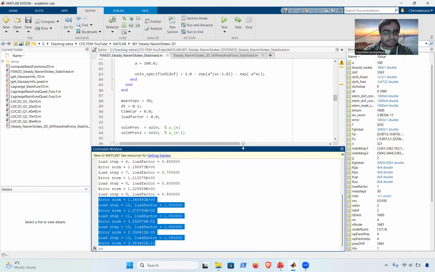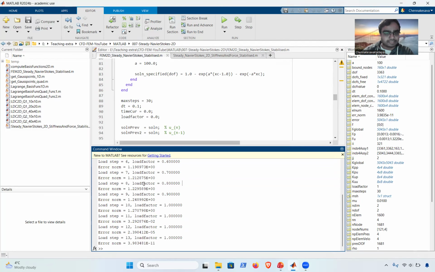Now if you look at the convergence of error norm, we are increasing the load factor by time step size: 0.7, 0.8, 0.9. At load step of 10, we reach the maximum load factor of 1, and after that we keep the load factor the same.